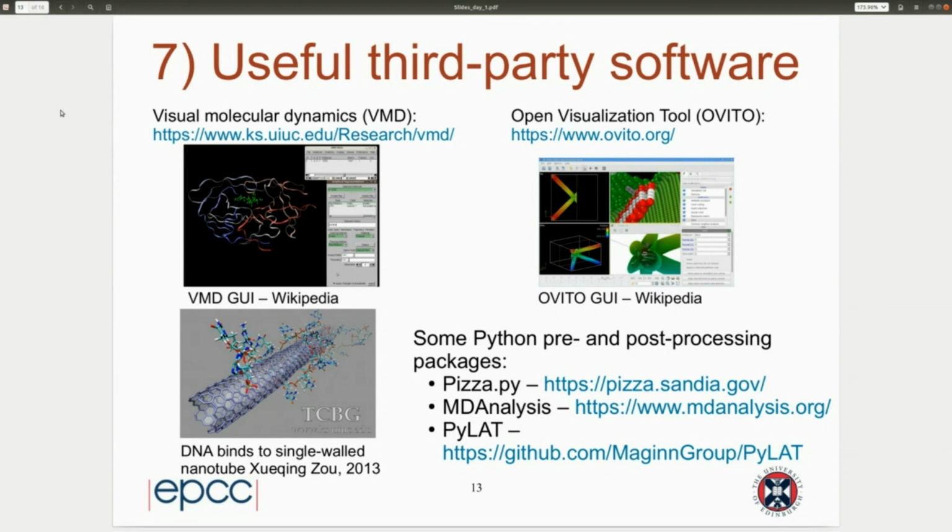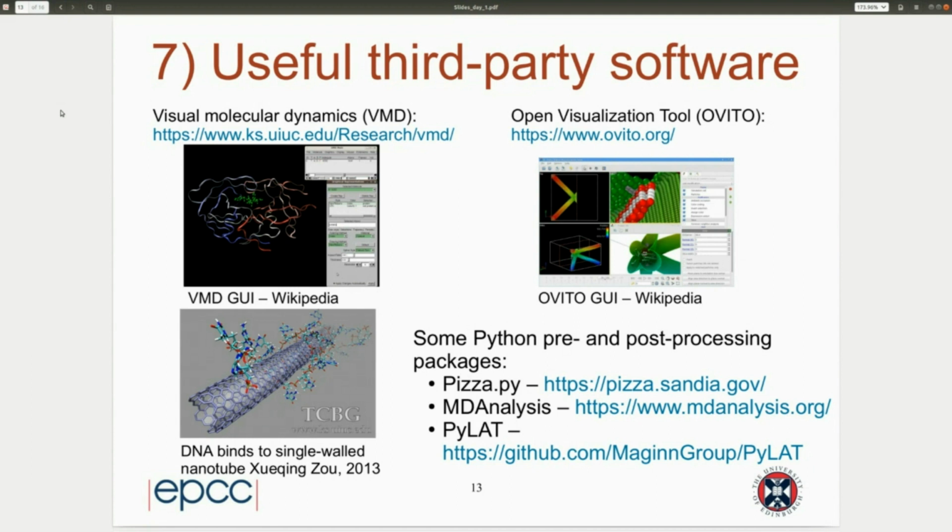I've not used either of them drastically much. Of those, I would recommend Pizza.py most because that one is developed by the folk at Sandia, and they're the same people who develop LAMMPS. So it's the most similar to LAMMPS.